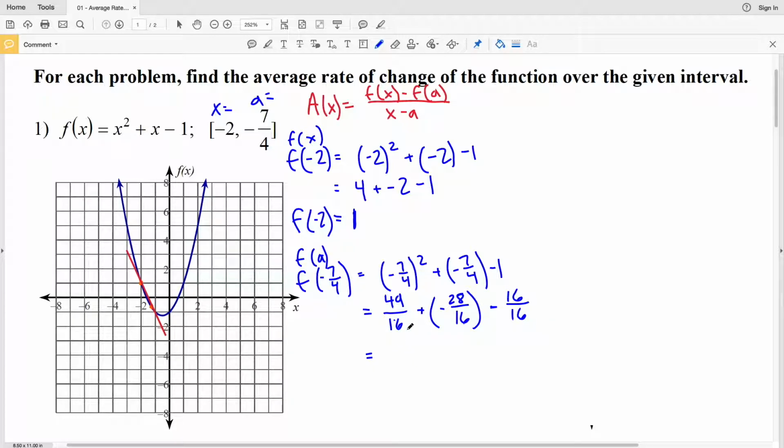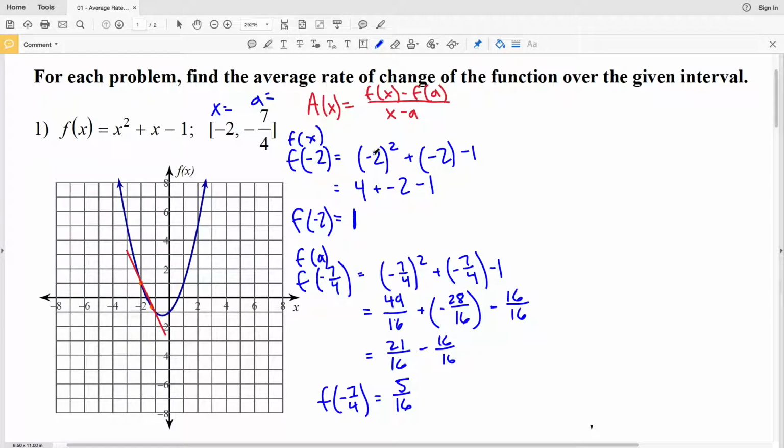If we have 49 and we take away 28, we will get 21. So 21 over 16, and then we're going to subtract 16 over 16. That will give us that our function at -7/4 is going to be equivalent to 21 minus 16 over 16, which is 5/16.